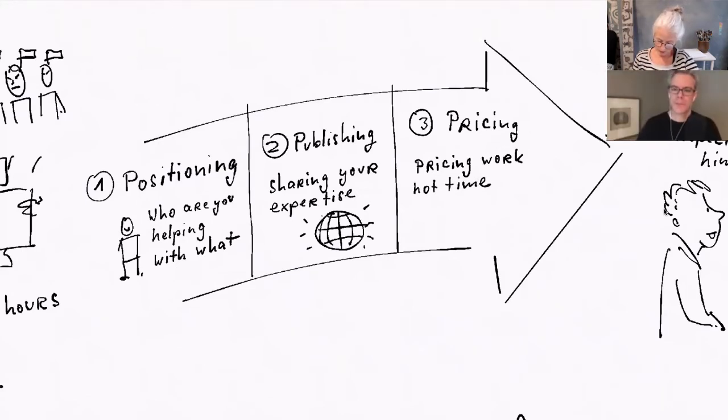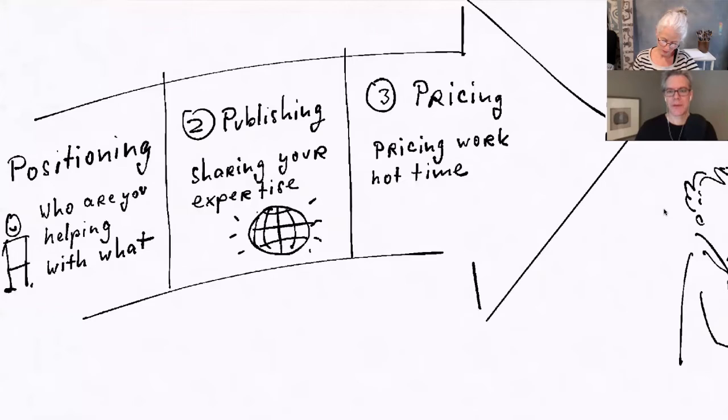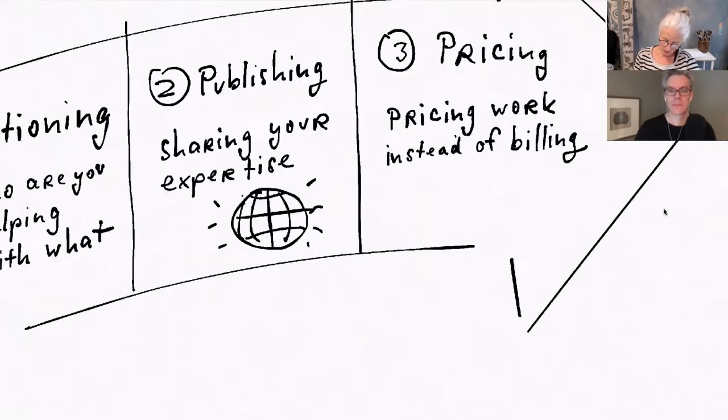Maybe it's the value, right? Usually, but it's important to get the word billing in there because people think billing and pricing are the same thing. So it's pricing, not billing. I usually say pricing your work instead of billing for your time. I guess I just throw a little money here.